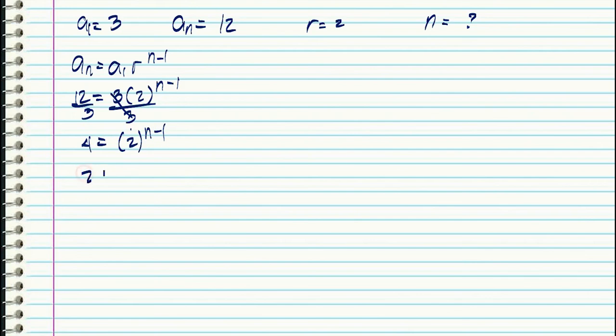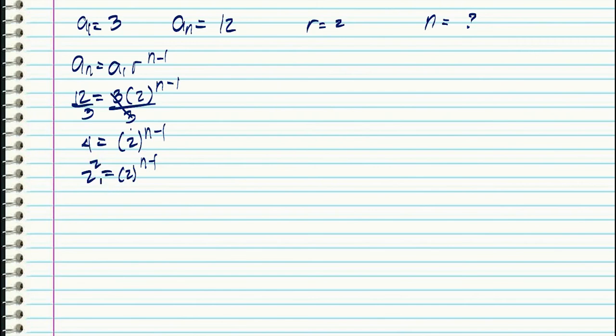We use base 2, since the base here is 2. What exponent does 2 need to have to become 4? That's actually 2. So 2 times 2 is 4.